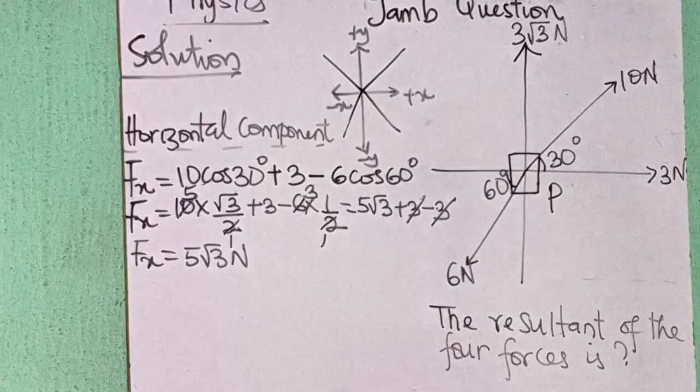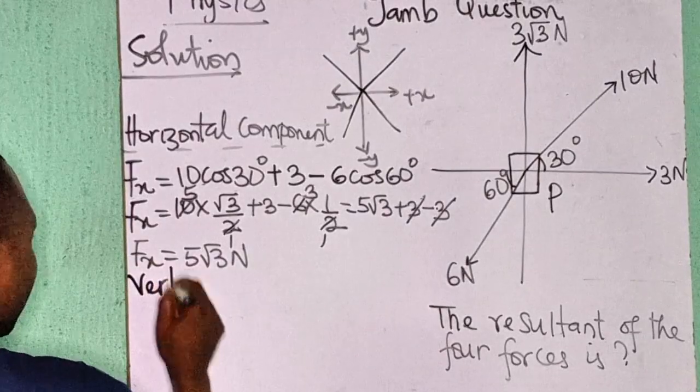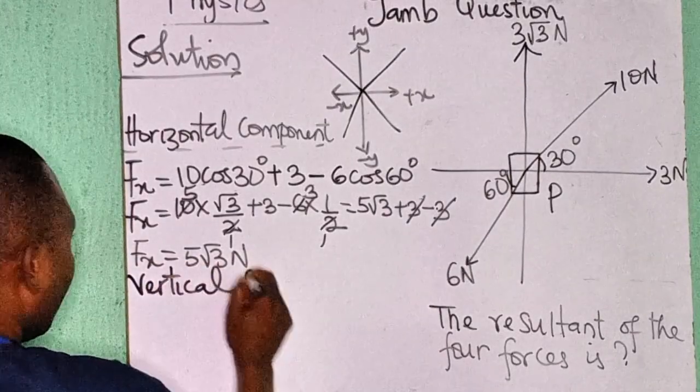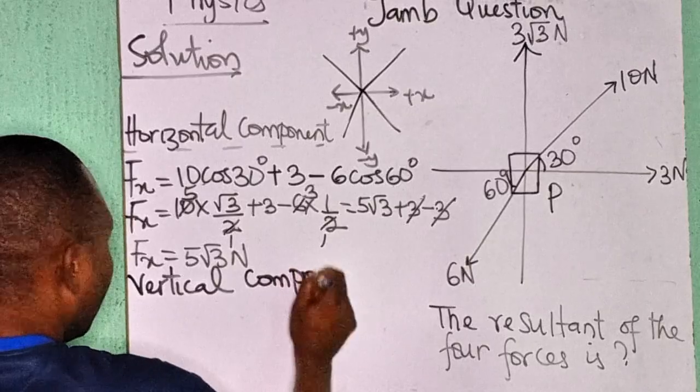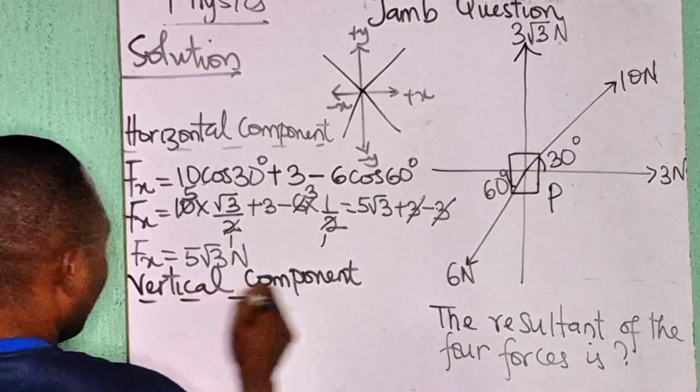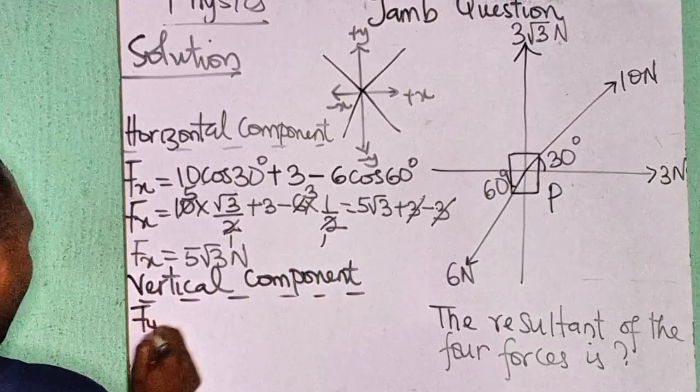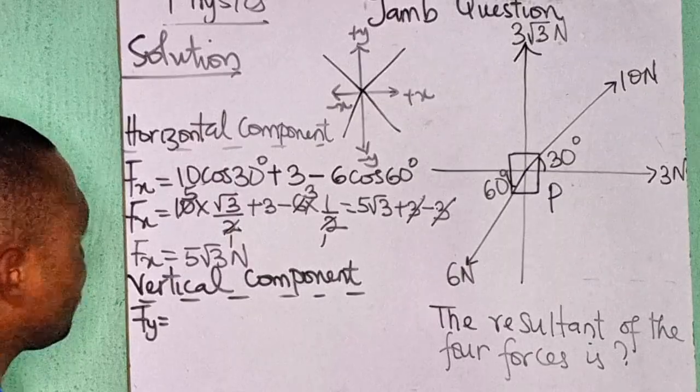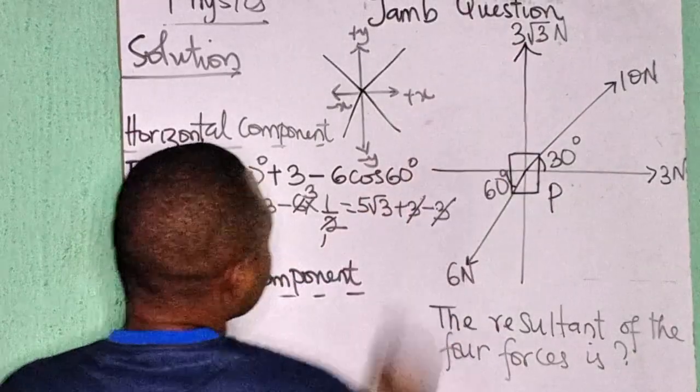Now let me resolve vertically and find the vertical component. Fy equals 3√3, which is vertical.